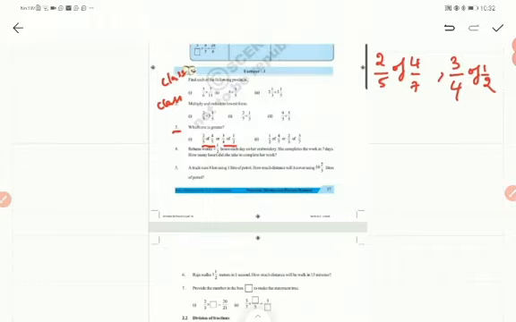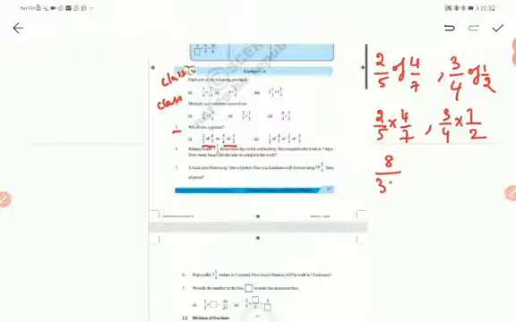So what is this? 'Of' is multiplication. 3 by 4 into 1 by 2. How do you multiply? Numerators: 4 2s 8, 7 5s 35, 3 1s is 3, and 4 2s 8.